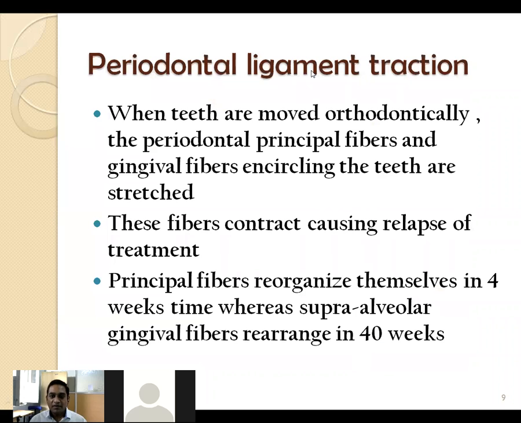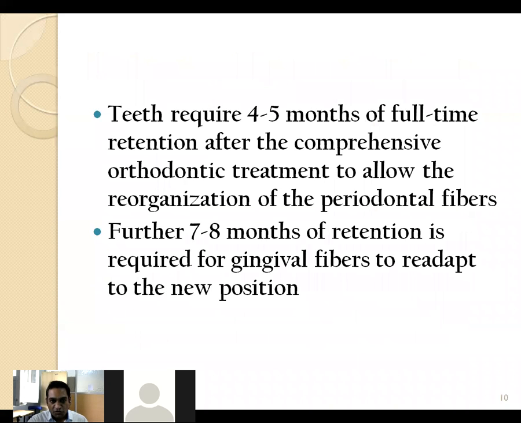Coming to the periodontal ligament traction, this is a theory which says that when any type of tooth movement takes place, there is a periodontal stretch. This stretch of the periodontal fibers will lead to relapse of the corrected tooth position.